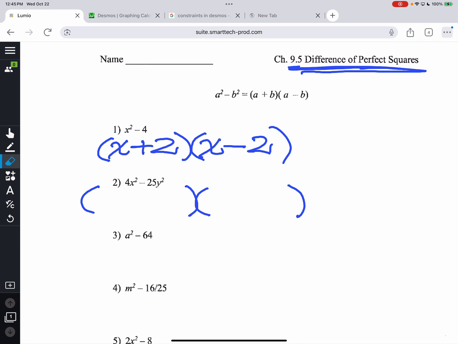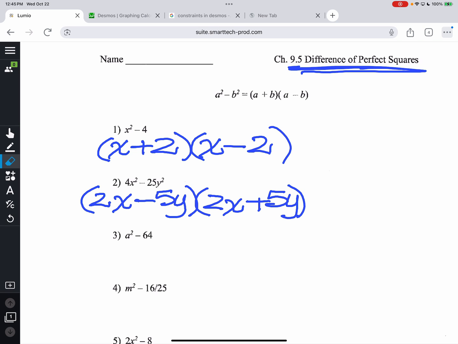So what would you get? Parker? So what do you get for this one? You get 2x minus 5y, and then you get 2x plus 5y. Now, notice mine was plus minus in the first, while Mamie did minus plus in hers.